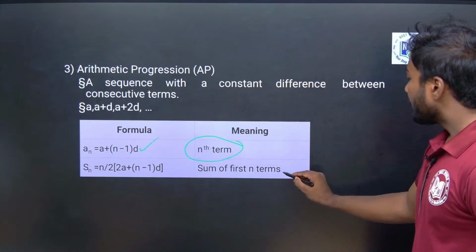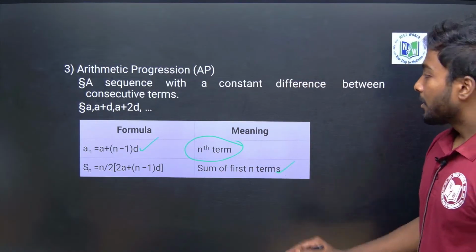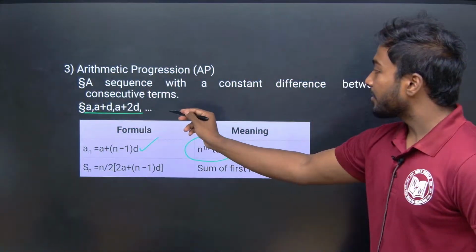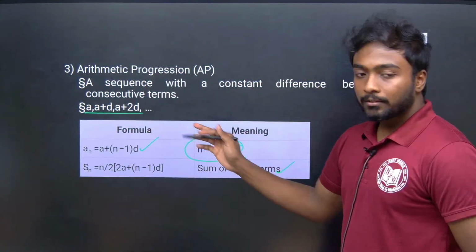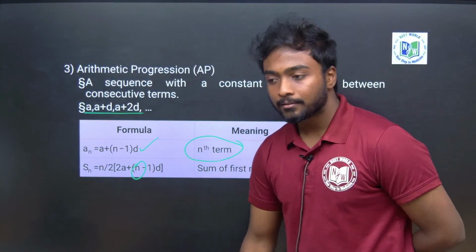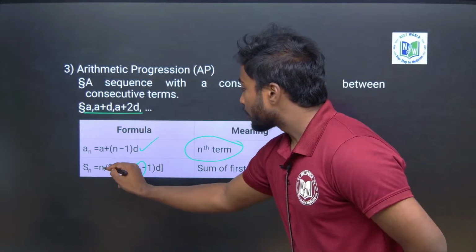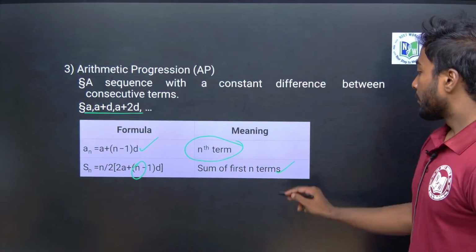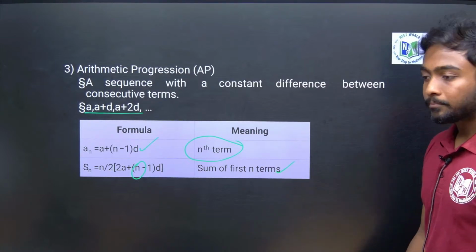If I want to find the sum of n terms, for example, these 3 are there, no? a, a plus d, a plus 2d, 3 are there. So, I can substitute the value of n as 3. So, Sn is equal to 3 by 2 into 2a plus 3 minus 1 into d. So, sum of n terms and nth term.